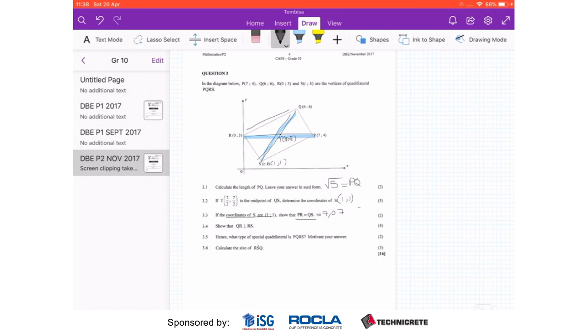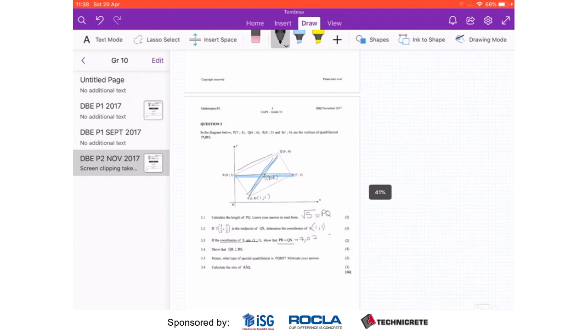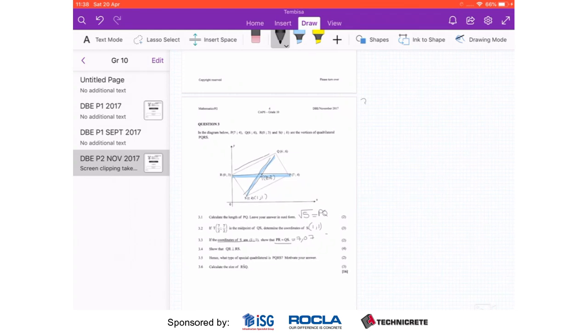Remembering that gradient times gradient, if it's equal to -1, they are perpendicular. That is a very important rule, so I'm going to write the rule here. Gradient A times gradient B is equal to -1, that means they are perpendicular. If gradient A is equal to gradient B, that means they are parallel.